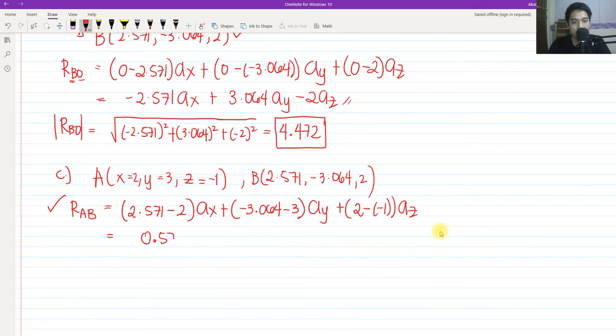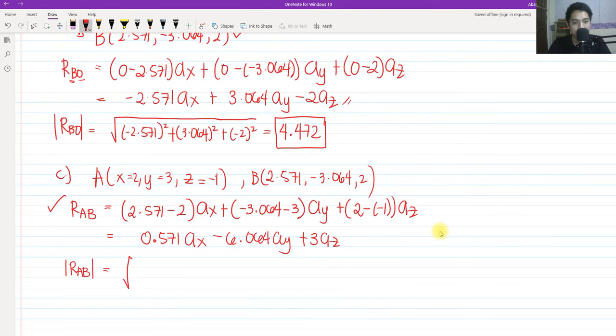So we have 0.571 a_x, negative 6.064 a_y, then plus 3 a_z. This is the vector stretching from point A to B. To get the distance between them, we simply get the magnitude.